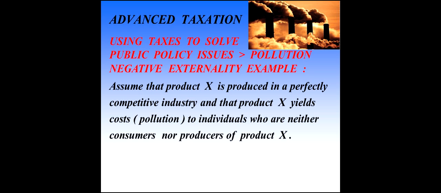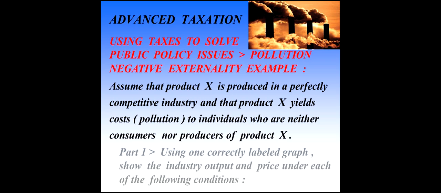Assume that we have a situation where product X is produced in a perfectly competitive industry, and that product yields costs in the form of pollution to individuals who are neither consumers nor producers of the product. What we have here is a classic case of a negative externality. But can we use taxes to solve this problem?